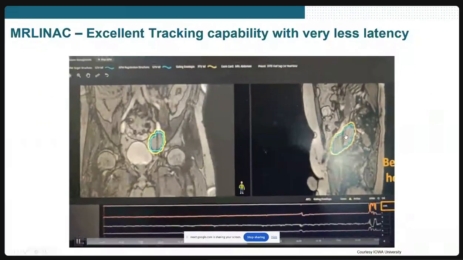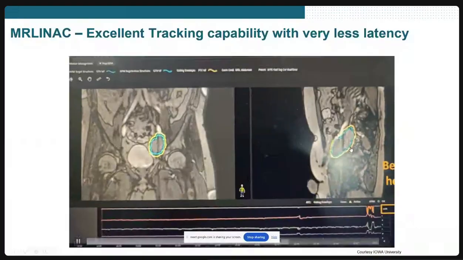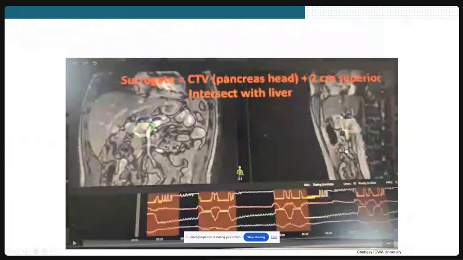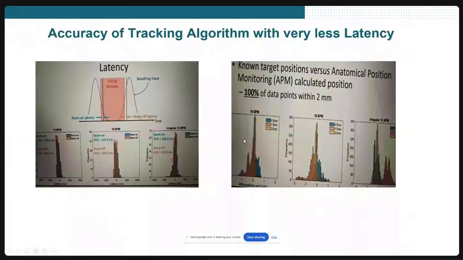That's really beautiful, the system response is so good, and even the latency of the machine is so low. AAPM recommends that the latency between the MR and the LINAC should be less than 300 milliseconds, whereas in our case it's less than 150 milliseconds, to be precise, 126 milliseconds.